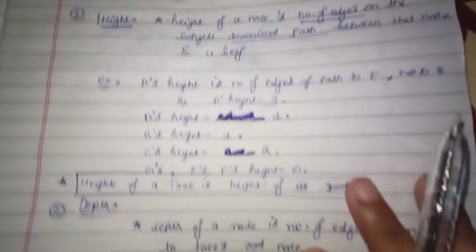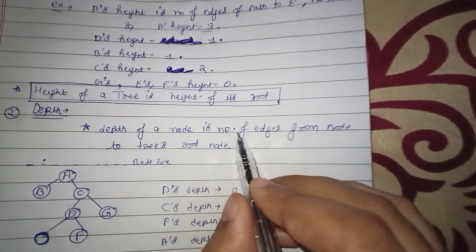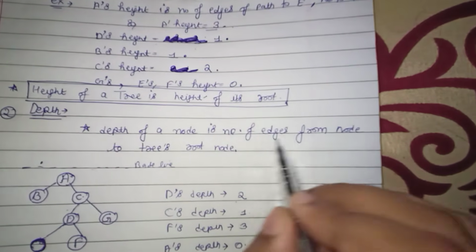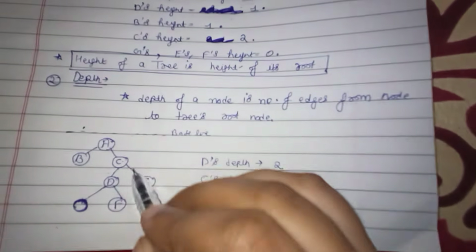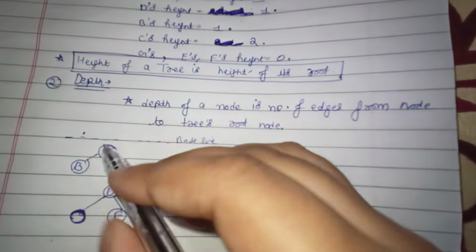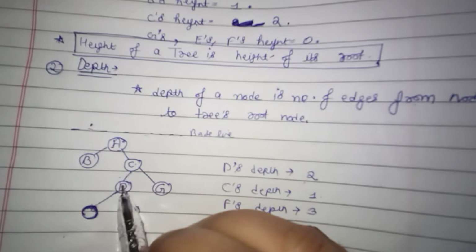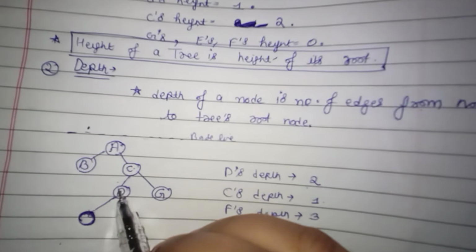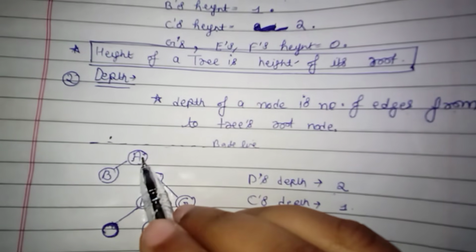Okay, now we move on to the depth of a node. So the depth of a node is the number of edges from the node to the tree's root node. So basically what it wants to say, for example, if we have to find the depth of D, we would check the number of edges from D to the root node, and the root node is always fixed for every node.